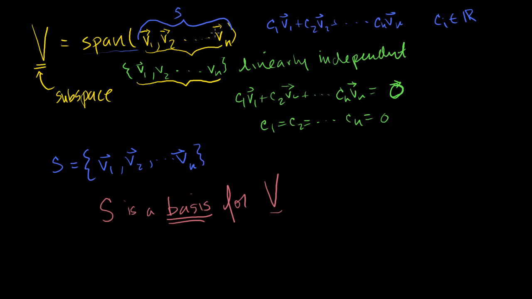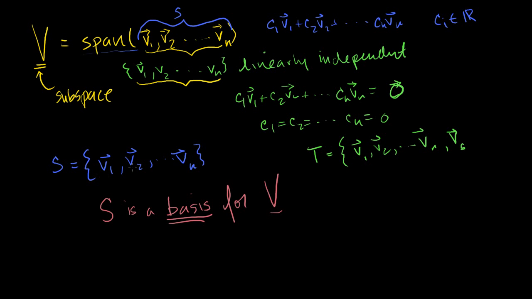For example, if this spans for V, then so would, let me add another vector. Let me define another set, set T, to be all of set S, v1, v2, all the way to vn, but it also contains this other vector. Let me call it the special vector.